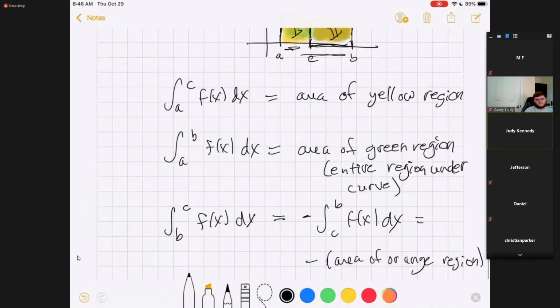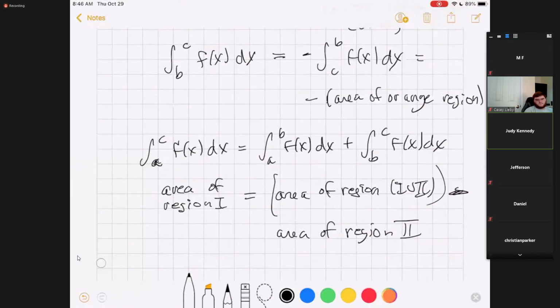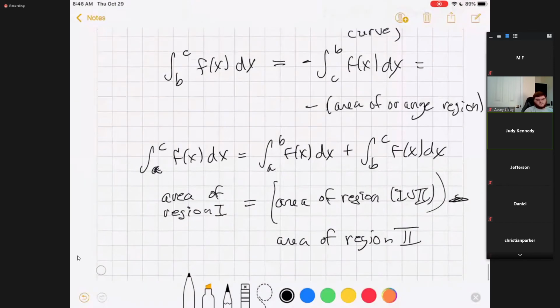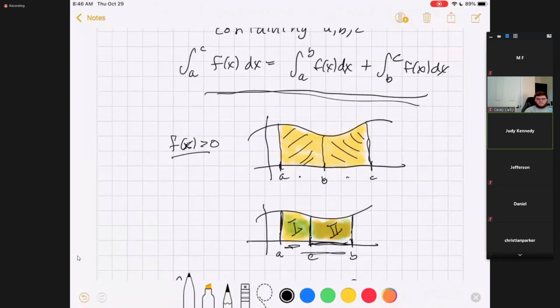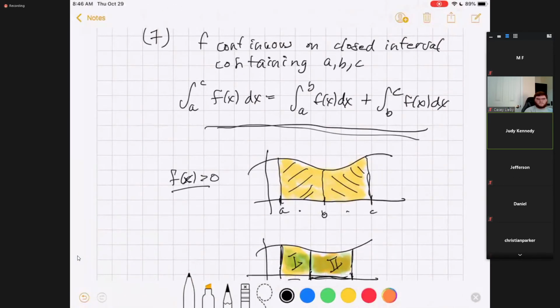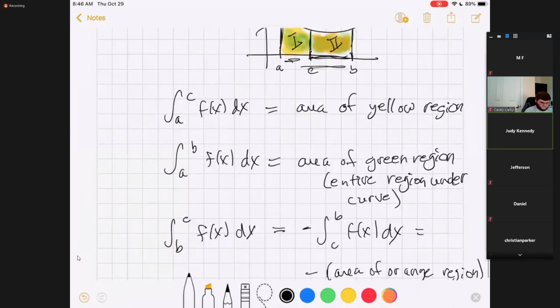So this rule makes sense regardless of the order of the points A, B, and C. And it also makes sense whether or not f is a positive valued function. And it's a nice thing to know because sometimes it really helps if you can break your integral up like that.